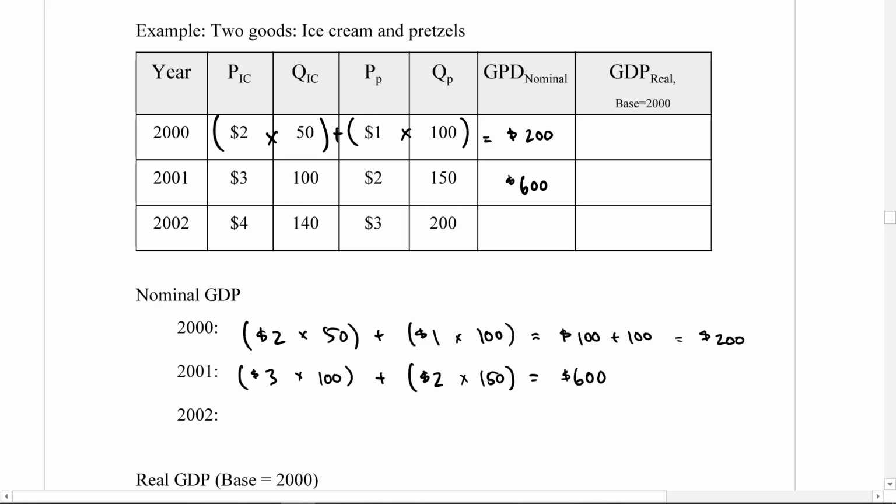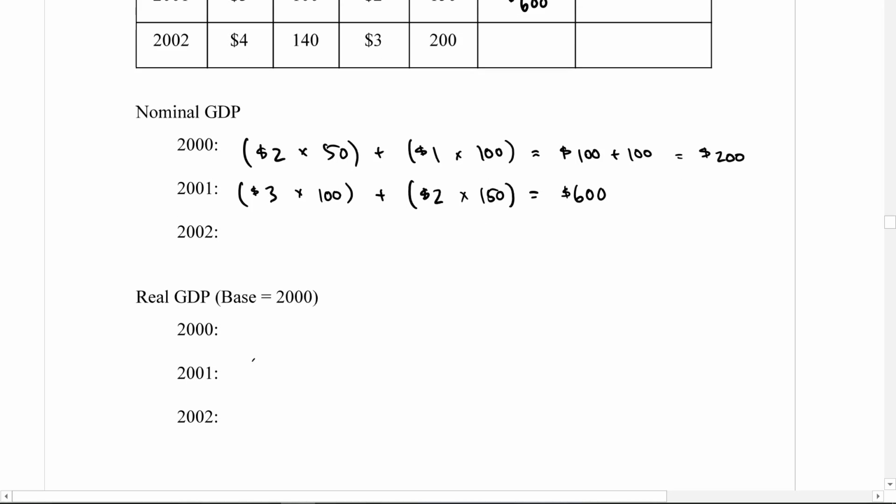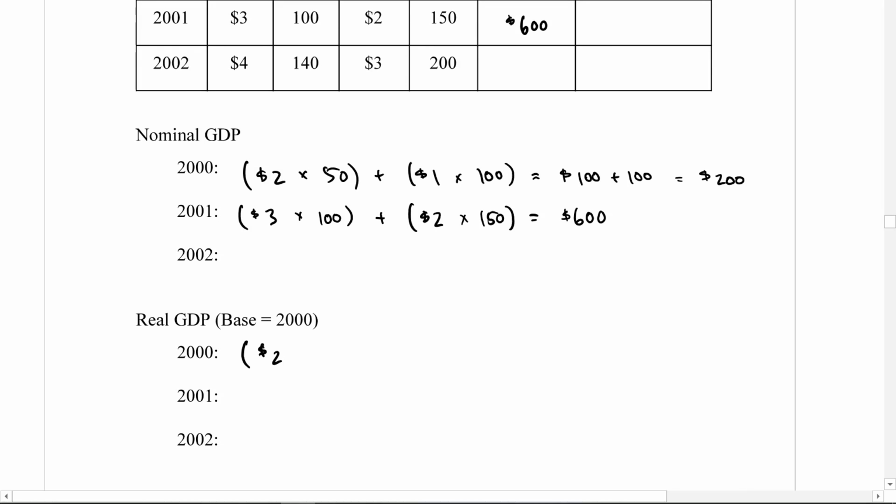Whenever you're using the base year, it's just the same as it is with nominal GDP. So it's $200. We can see that by calculating it really quickly. We keep the same prices for the year 2000. And we bought 50 ice creams, plus $1 per pretzel for 100 pretzels. And again, that comes out to 200.